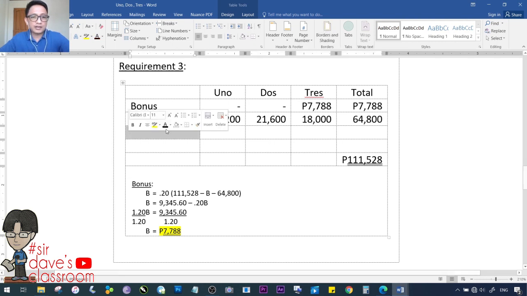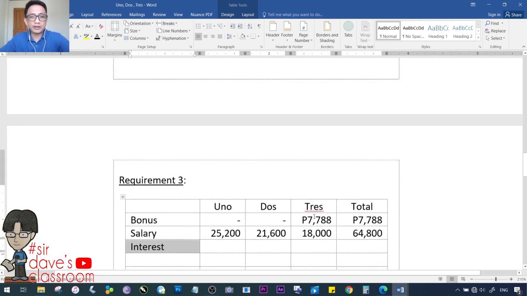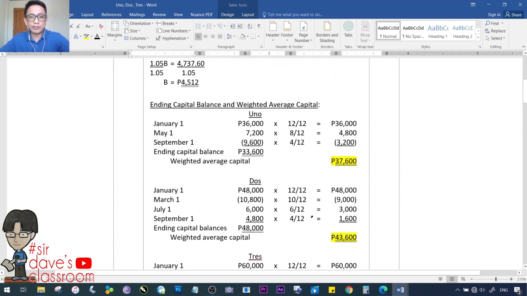What does it say about the interest? Please look at your screen grab, your screen capture, or if you have the book, very nice. Interest is 10% of the beginning capital balance. So it's easy, it's just the beginning capital balances. You go back to the beginning capital balances, in our requirement number 1.